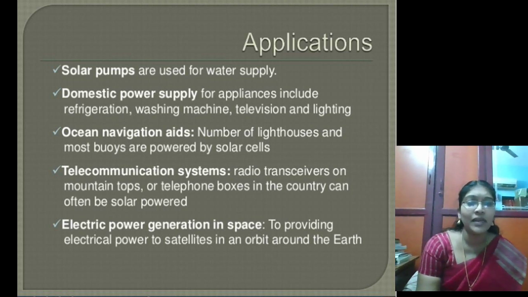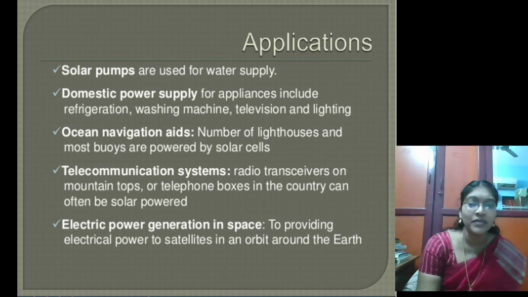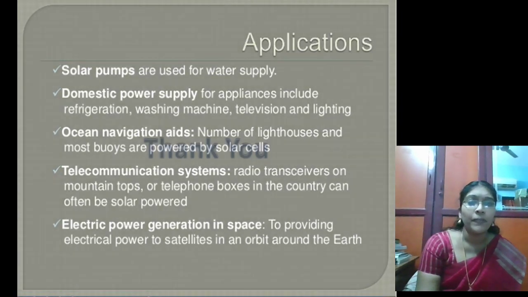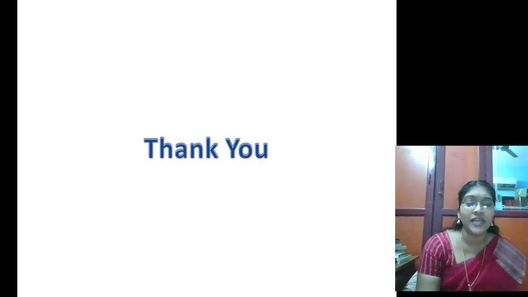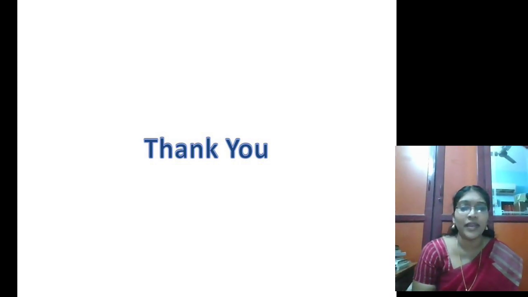And also electric power generation in space, to provide electrical power to satellites in orbit around the earth. Like this, solar energy is very useful, and it is not polluting the environment. So the government has to take steps to utilize these renewable energy resources in the coming future.